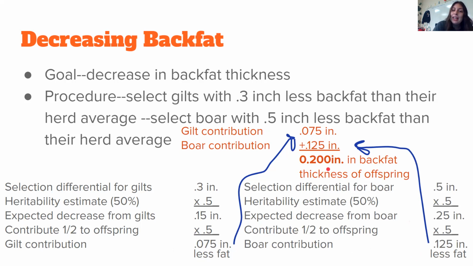What this means is that if we breed this gilt with this boar, then they are going to have babies that when they grow up, should have 0.2 inches less back fat than all the other pigs that were not selectively bred this way. They're going to have 0.2 inches less back fat on these piglets because of who their mom and dad are.